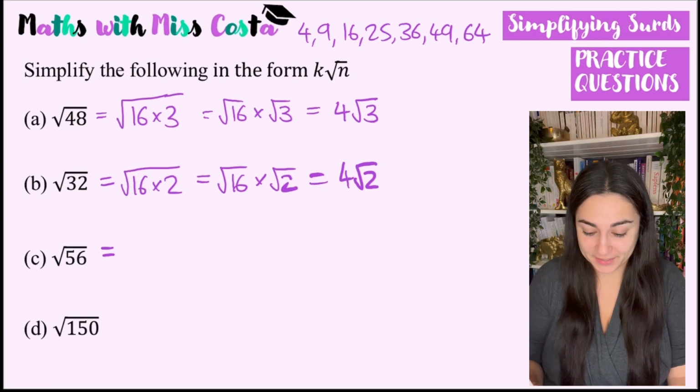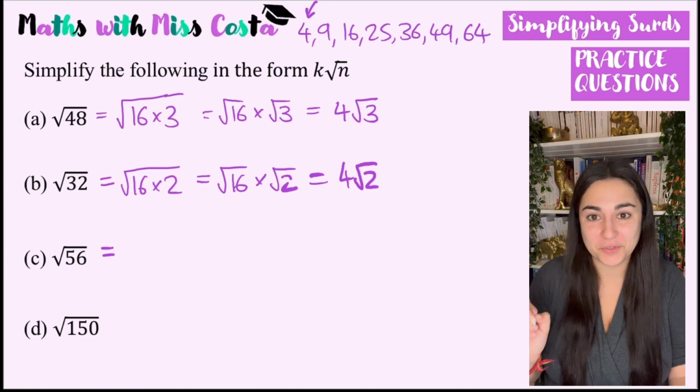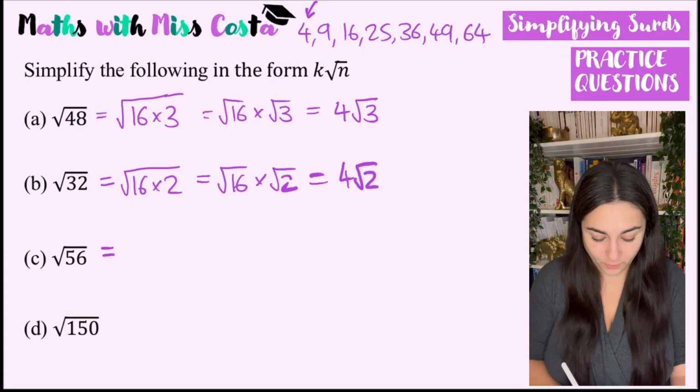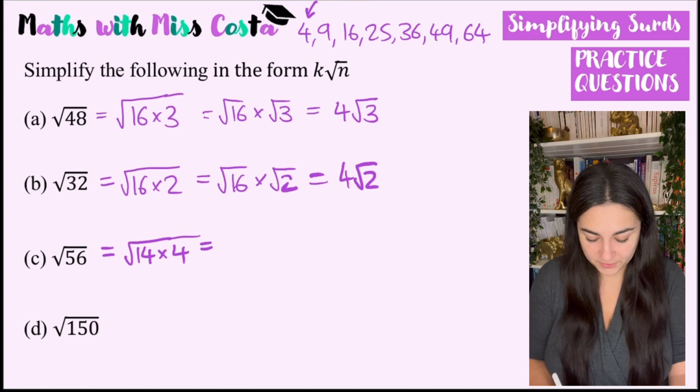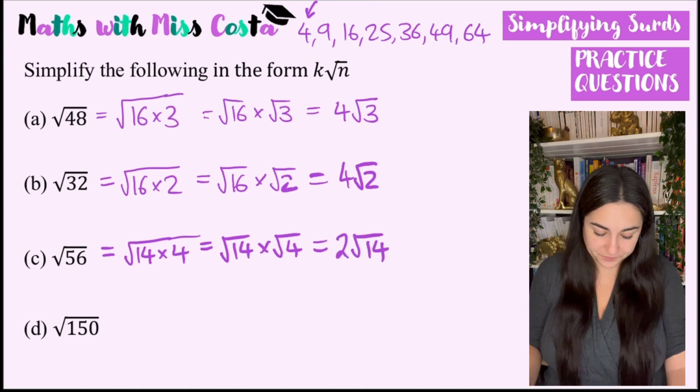So you know you're looking for a square number. 9 does not fit into 56, but 4 does. So just divide it by 4. 56 divided by 4 is 14. So I know that I could write 14 times 4. Break it up into two little surds. So that would be square root of 14 times square root of 4. What's the square root of 4? 2. So that would be 2 root 14.